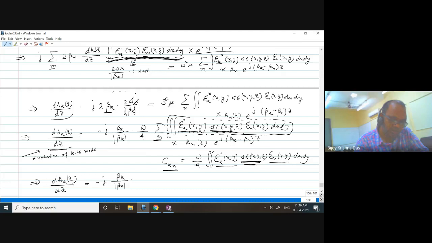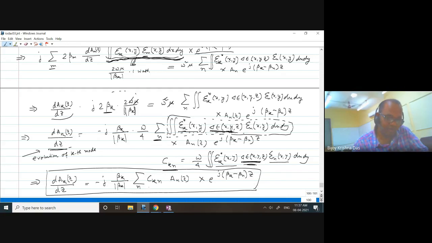Then we can write the sum over n of ckn an(z), and then you multiply with e to the power j (beta k minus beta n) z. So this is your ultimate coupled mode equation.